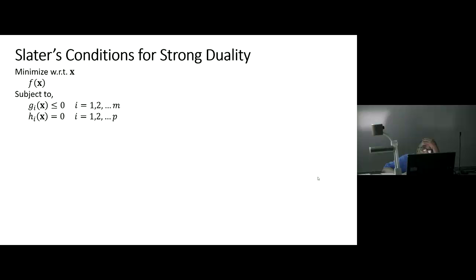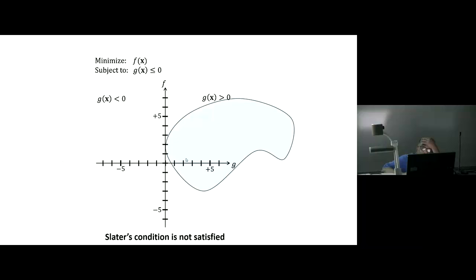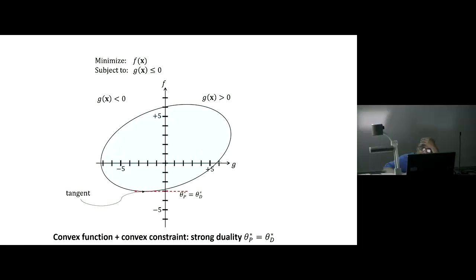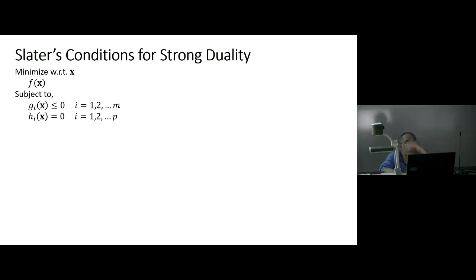And so this is Slater's condition for strong duality, right? This is the saddle point, and the sufficient conditions for strong duality are that f of x is convex, and we saw in these two cases that f of x and g of x were convex.